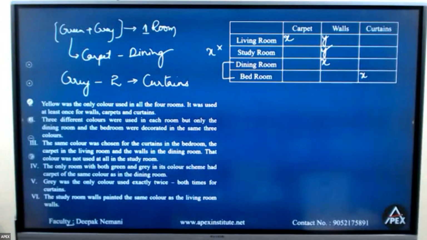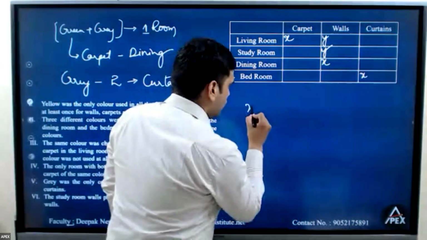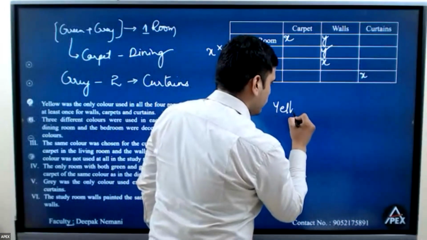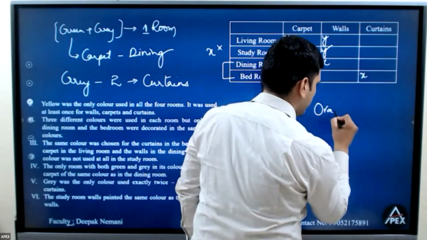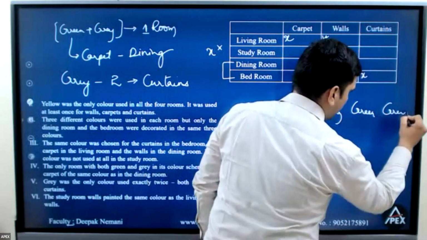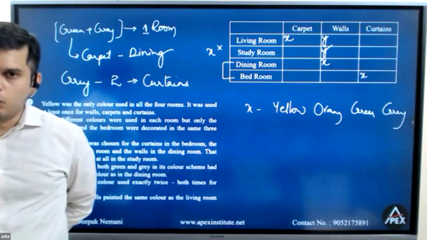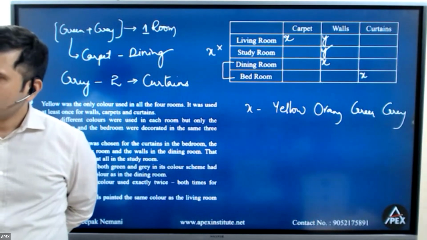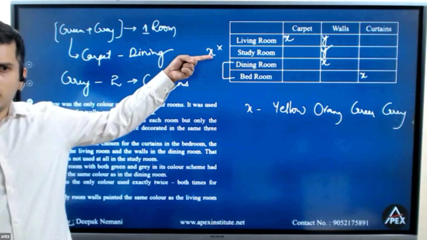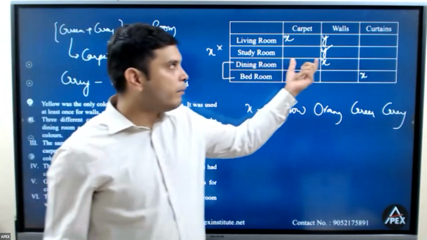So this is the information that you are given. Now, what are the colors? Yellow, orange, green, gray. My first question: can X be yellow? No. Why? In the study room you do not have color X painted in either carpet, walls or curtains.